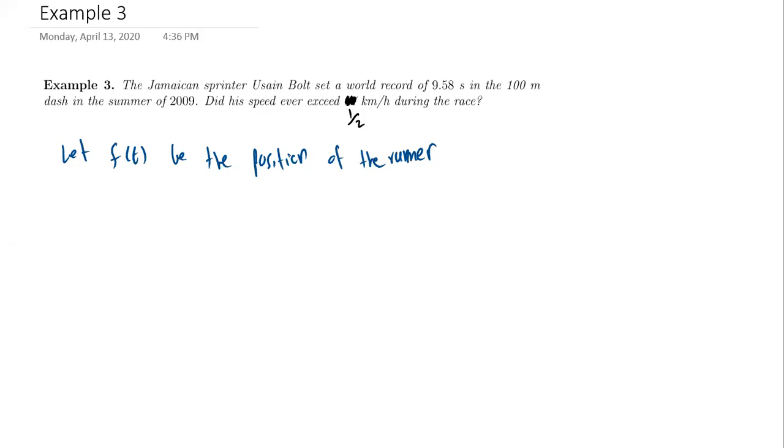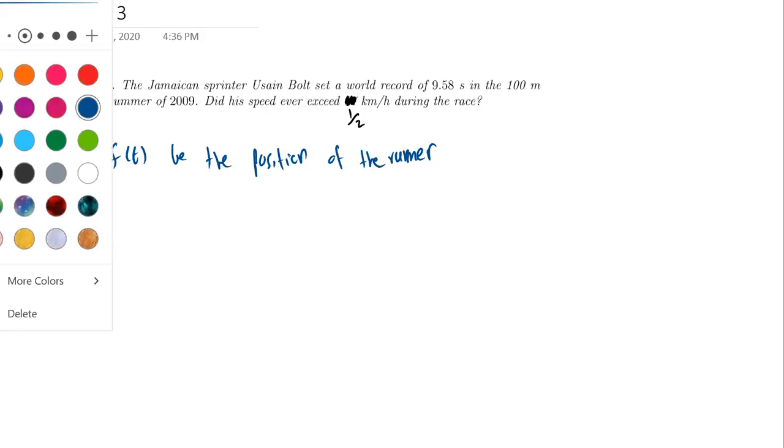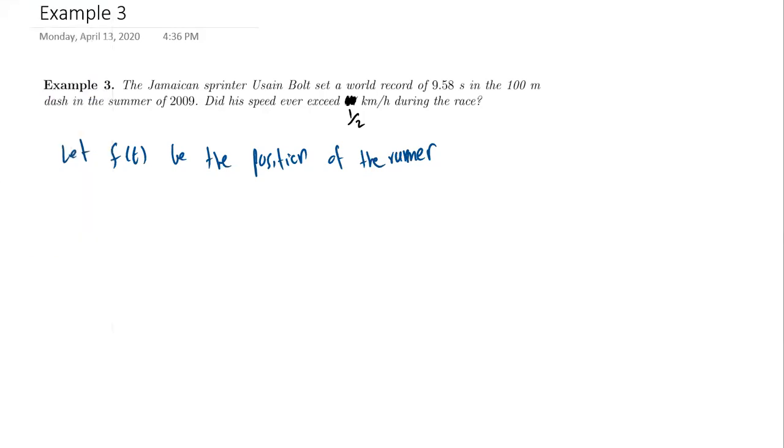Which means with this f as we've defined it, when t is 0 seconds, before he starts running, the starting line would be at distance of 0, or position of 0, and then after 9.8 seconds, oops, oh yeah, 9.58, sorry.